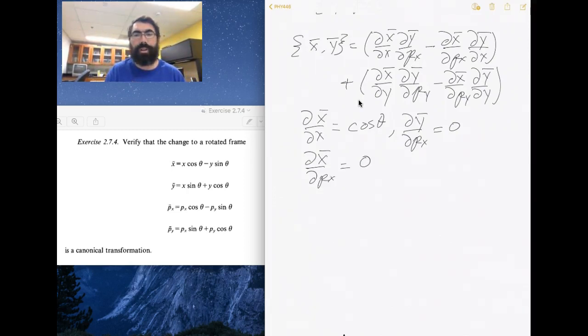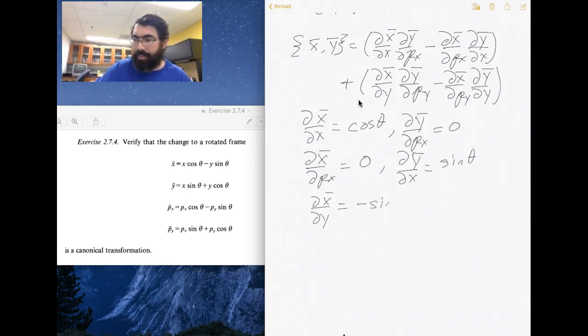There's no px variable in the x bar equation. And then the derivative of y bar with respect to x is sine of theta. The derivative of x bar with respect to y is minus sine of theta. The derivative of y bar with respect to py is 0.